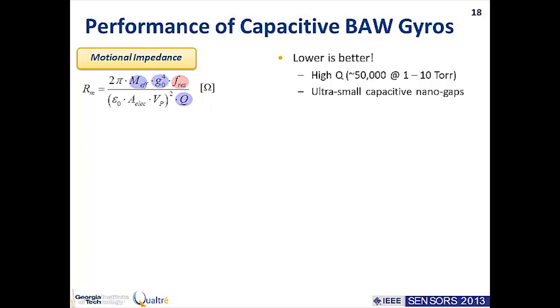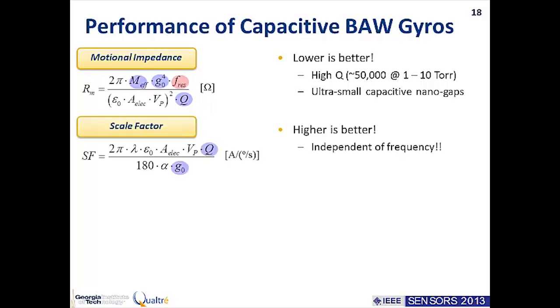And then on top of that, if you operate in bulk-acoustic modes, you can actually get a much higher effective Q, and that is beneficial for your motional resistance. So actually, this parameter can be optimized to be quite low. Now, if we take a look at the scale factor in terms of the amount of current coming out of a sense electrode per unit of rotation rate applied, what we see is that this transfer function is actually independent of frequency.